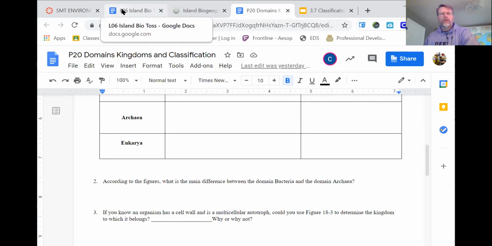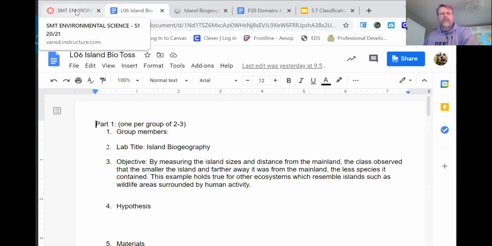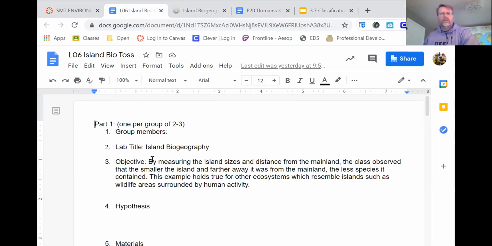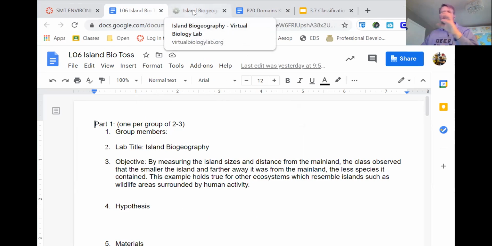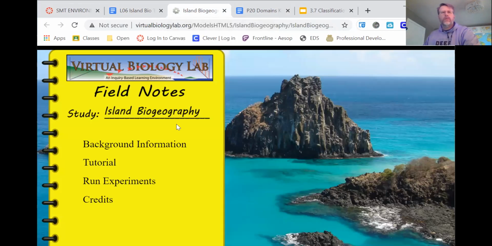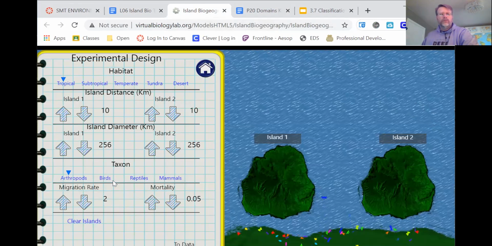Looking into next week, you're going to be asked to do this island biogeography with bird seeds. So the bird seed material is really nice. You just need like a handful of bird seed. You're going to be throwing it across the sidewalk. Okay. And what we're trying to model here is what happens on islands or different new biomes. Okay.